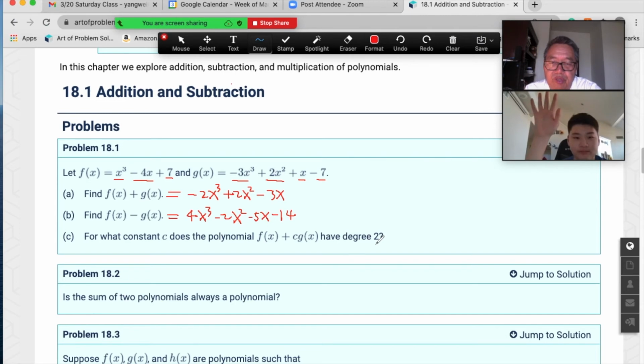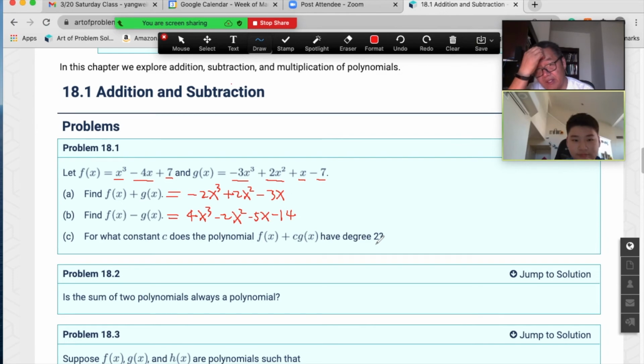Okay, so part C: for what constant c does the polynomial f(x) plus c times g(x) have degree 2? Isn't it plus 14 for B? Because 7 minus negative 7? I meant for B. You said minus 14.